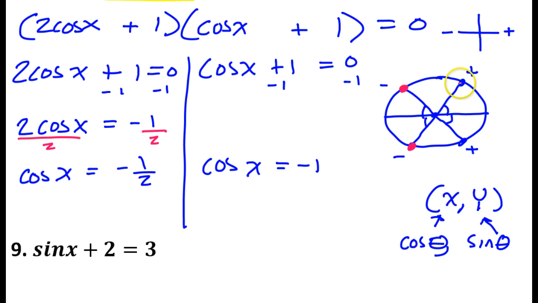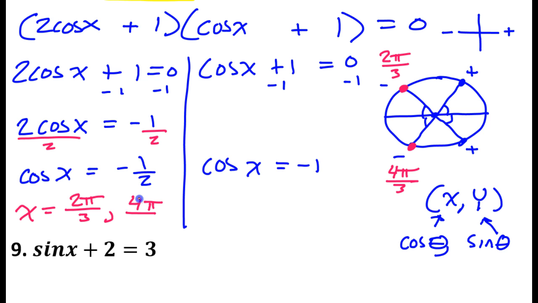So I've got 1 pi over 3, 2 pi over 3, so that's what this is. 3 pi over 3, 4 pi over 3, that's what this is. So my 2 solutions so far are 2 pi over 3 and 4 pi over 3.